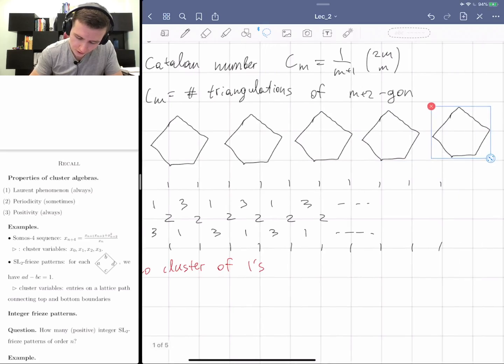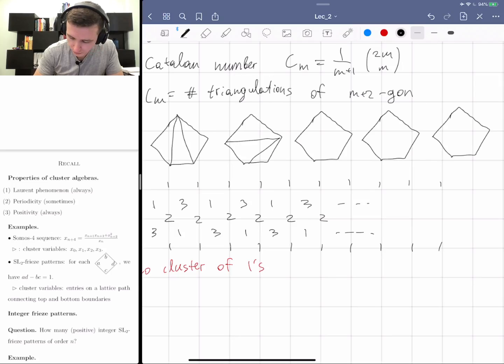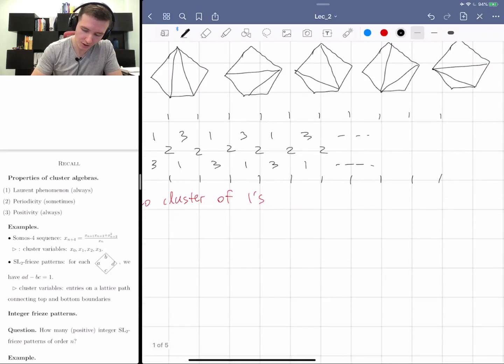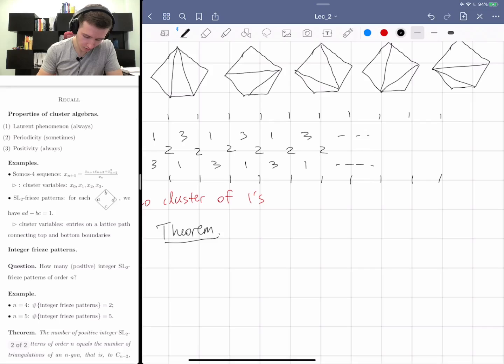Yeah, so 5 triangulations look like this. All right, good. Okay, so here's a theorem.